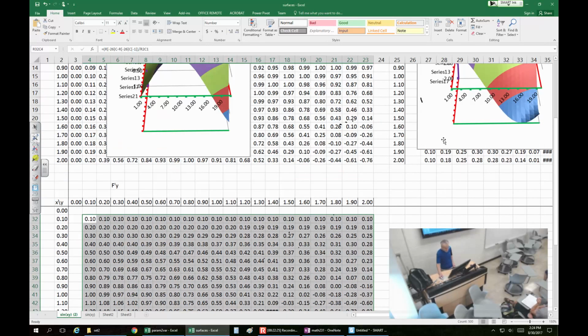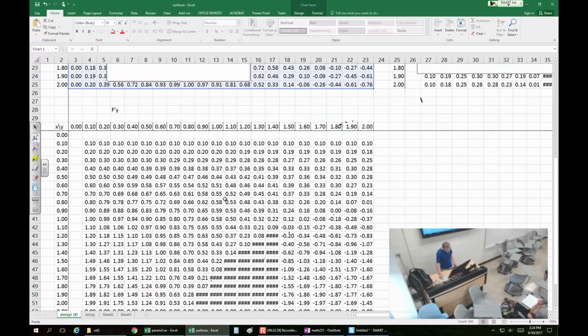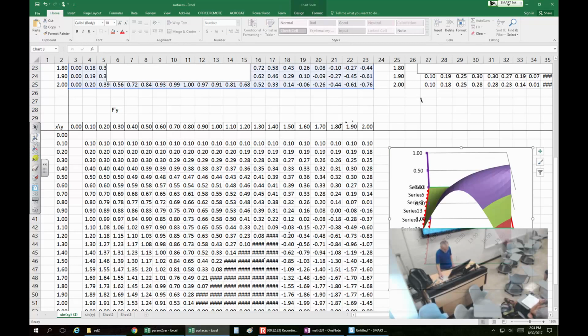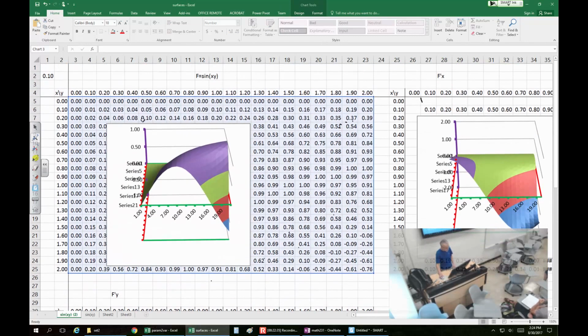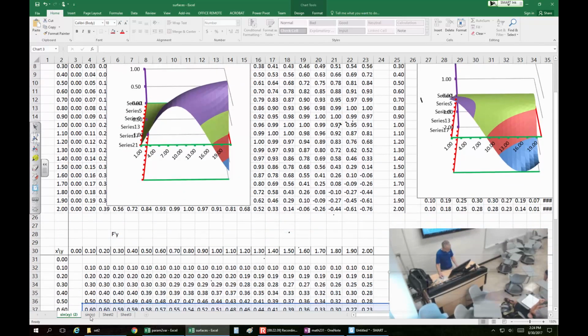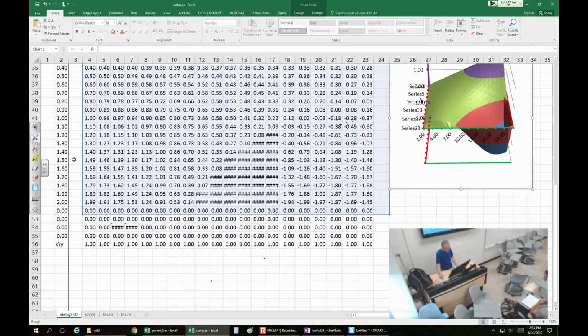Now we will try to create a chart. The right data is here, so let me take it and put it in the right spot here. It doesn't match exactly.